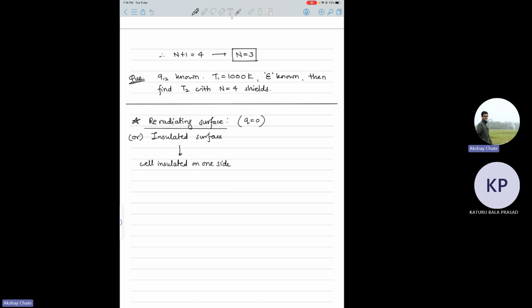You'll put some suitable insulation covering on one side of the surface, and convection effects are negligible on the opposite side, which is radiating.